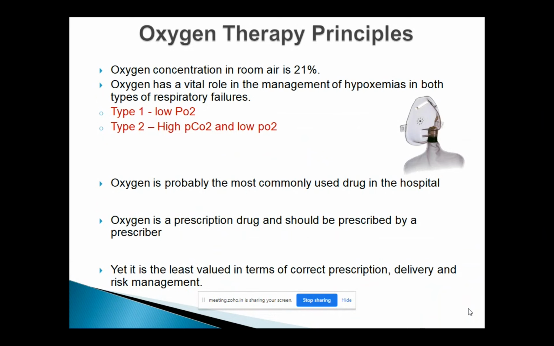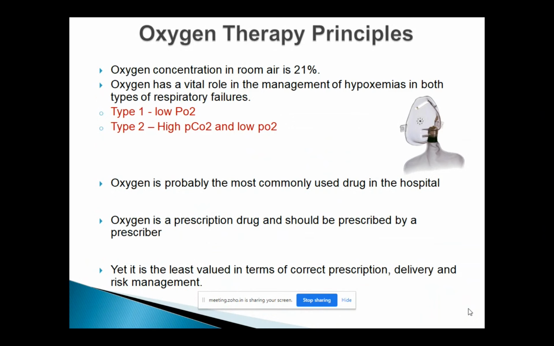To explain that very clearly in a simple form, imagine you are breathing 100 ml of air into your lungs every time you breathe. It's an example. In that 100 ml, 21 ml is oxygen and the rest is other gases.